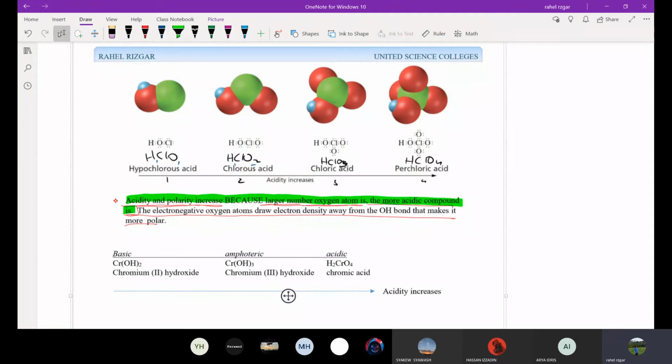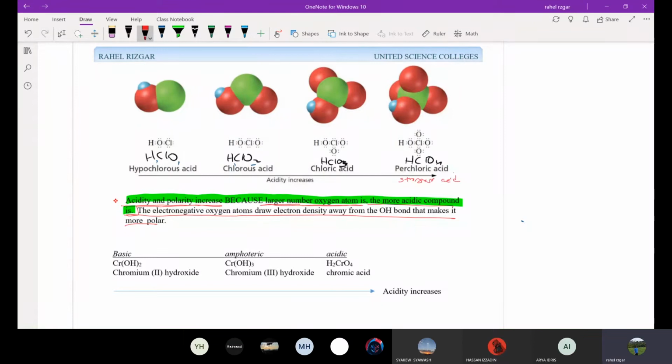Then HClO3 is stronger. Then HClO4, which has a difference of 3, 4 minus 1 is 3. That's why it's the strongest acid. All right, if this is the strongest acid, let's just write it here.